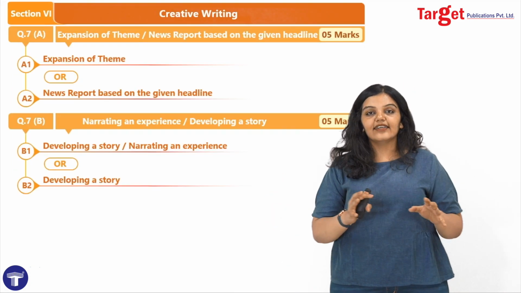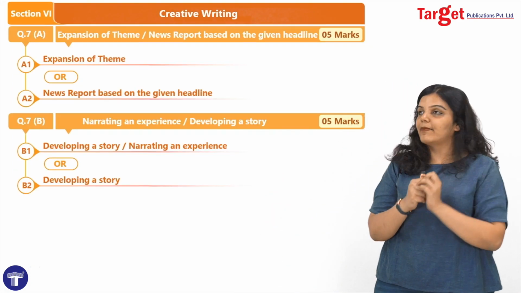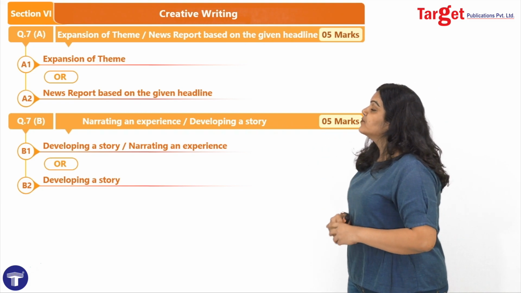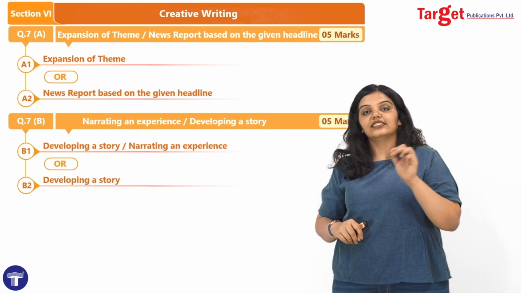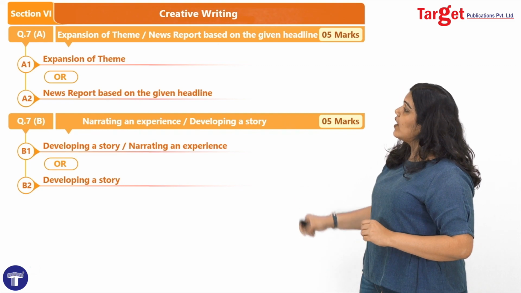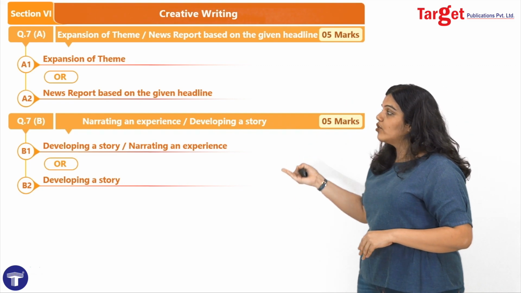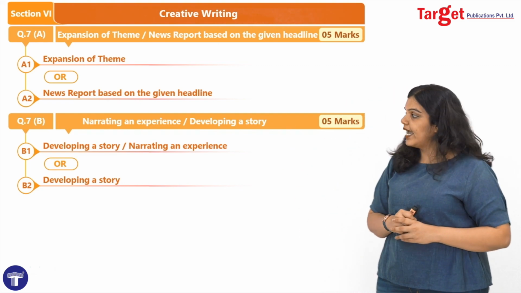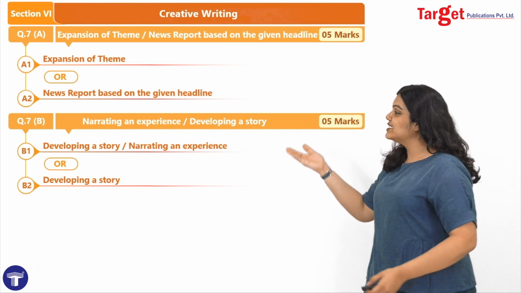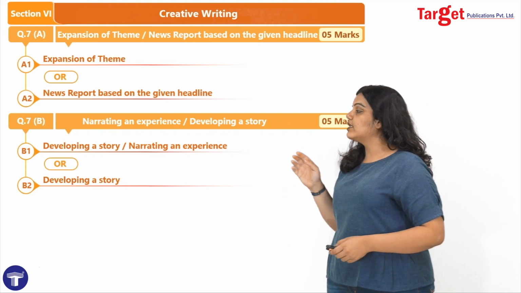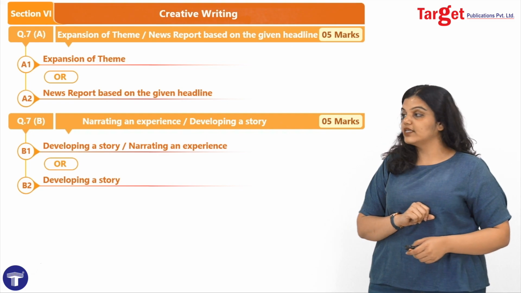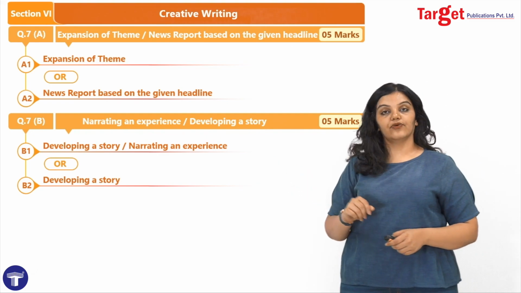And we come to the final and the last question of your paper pattern, that is question 7. In question 7A, we have the expansion of theme or a news report based on a given headline. And we have question 7B, which is basically developing a story or narrating an experience, or you have developing a story only.